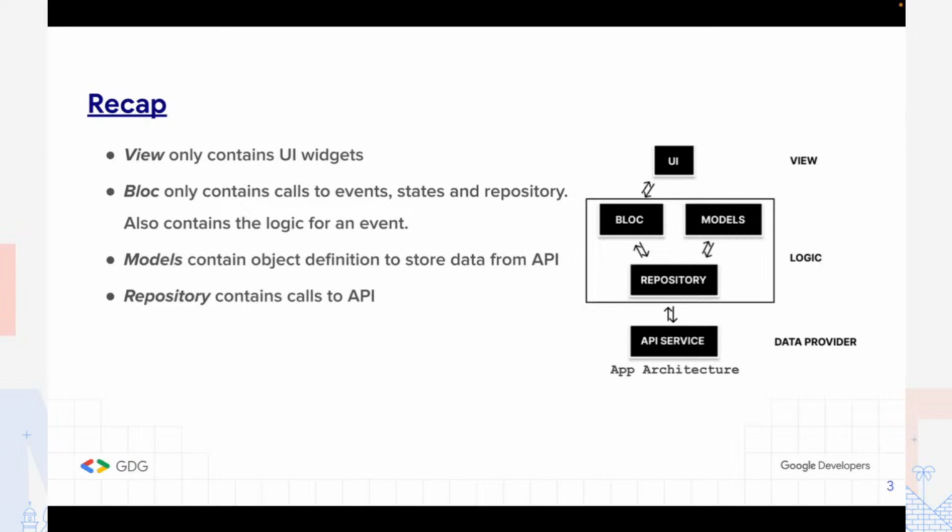Now, the response will be decoded and we will have a model. We will store the data in the form of a model so that it's easily accessible in the UI. And from the repository back to the Bloc. Now, the login event will have particular states. So it can be an authenticated state or a login failure state, or it can be any state. So basically, if the login was successful, we will have a state. If the login was unsuccessful, we will have another state for that.